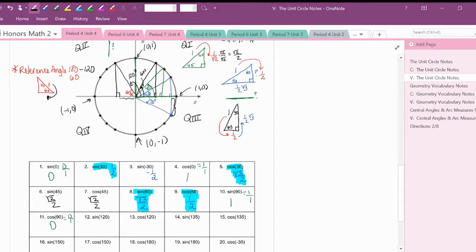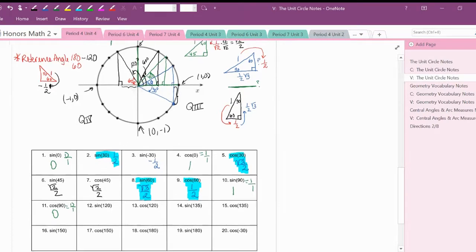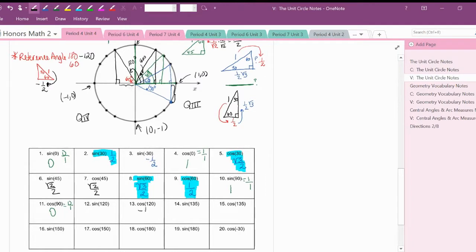Our y-coordinate was negative, or our opposite. Well, here our adjacent is negative. But we would still get it the same way. We would divide the hypotenuse by 2. So the cosine of 120 is negative 1/2. However, the sine is going to stay positive, and the sine of 60 we know is square root 3 over 2.